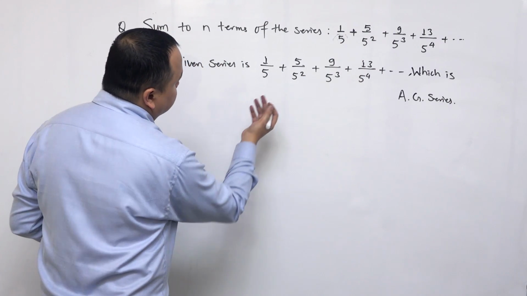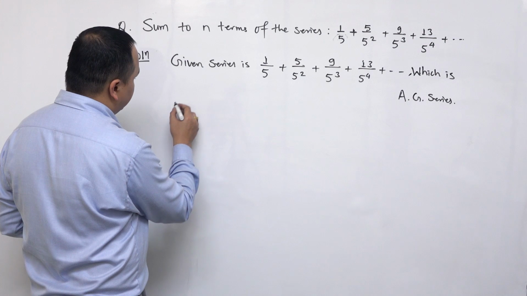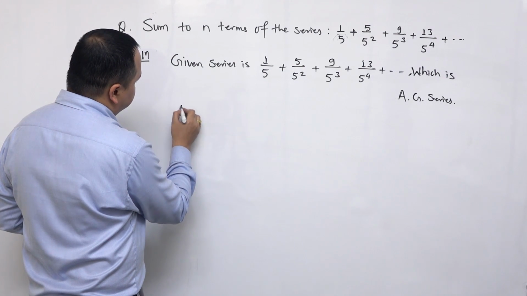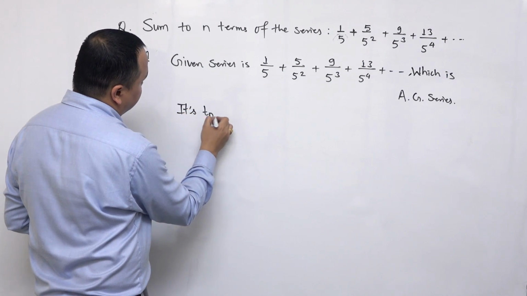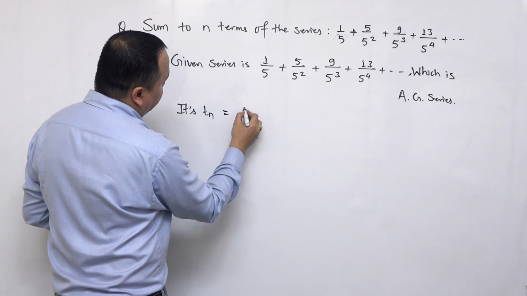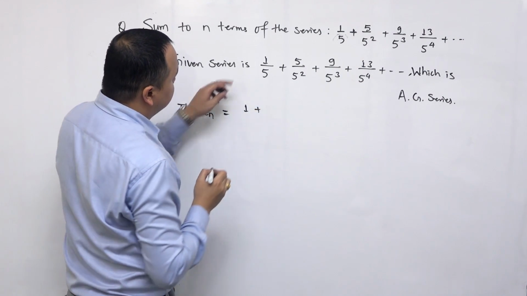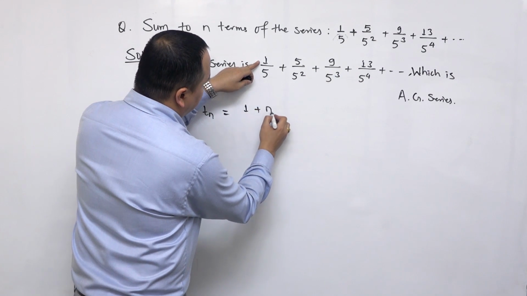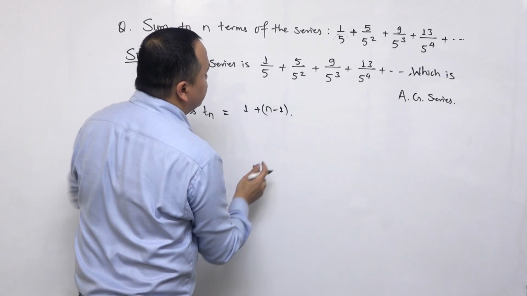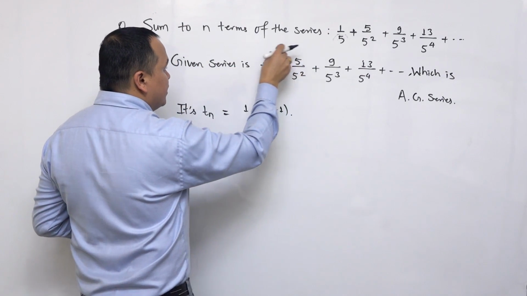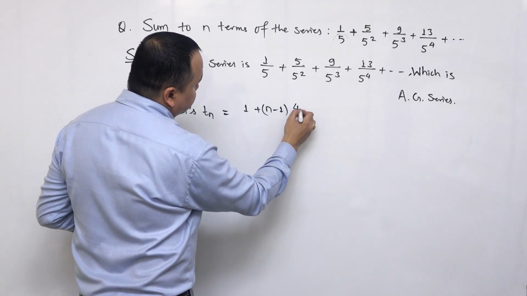So, first of all, we find its Tn, the general term. We have A is 1, plus n minus 1 times D. Our D is 5 minus 1, 4.